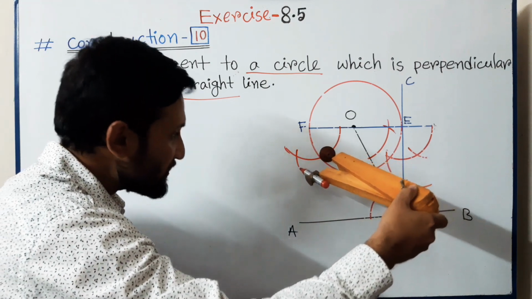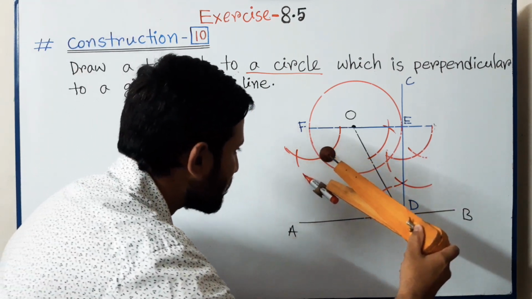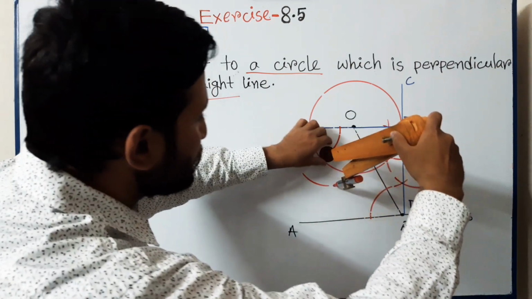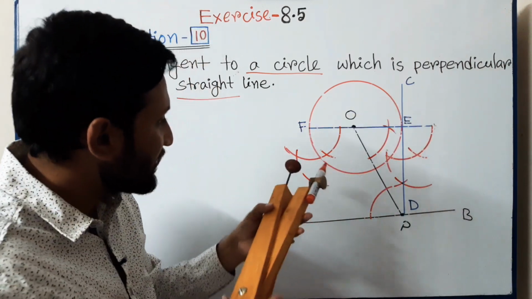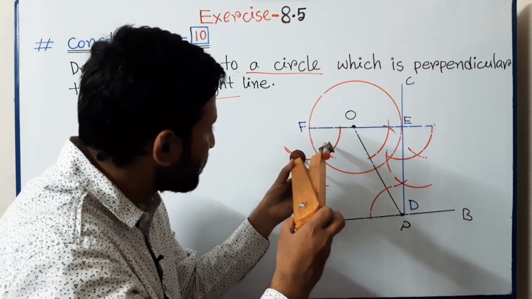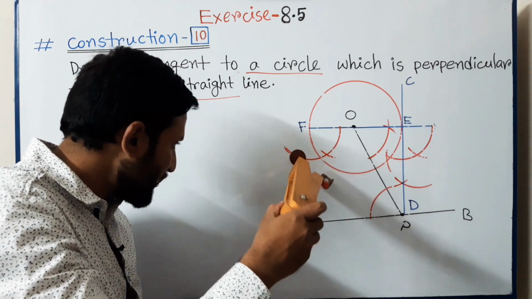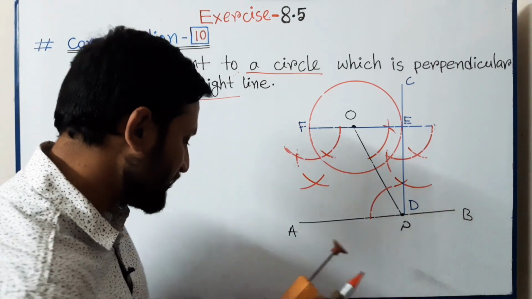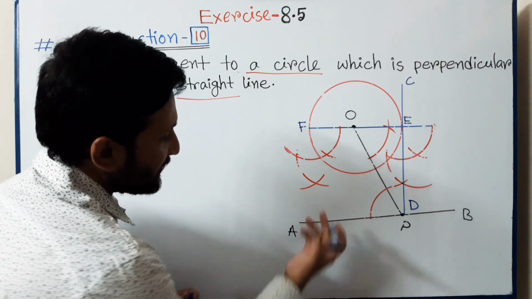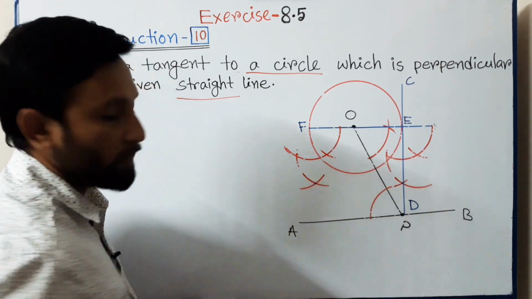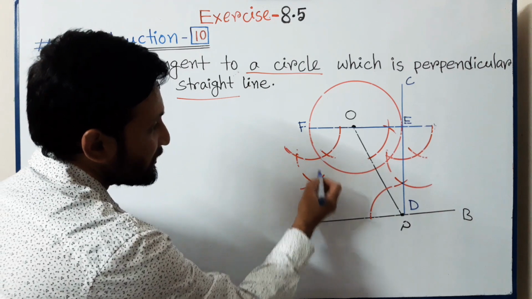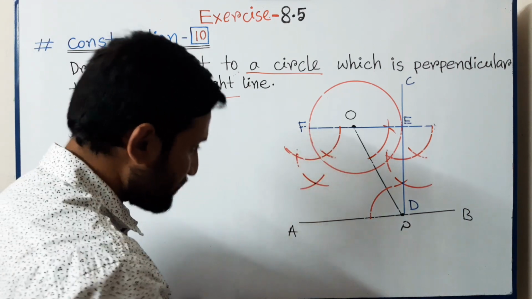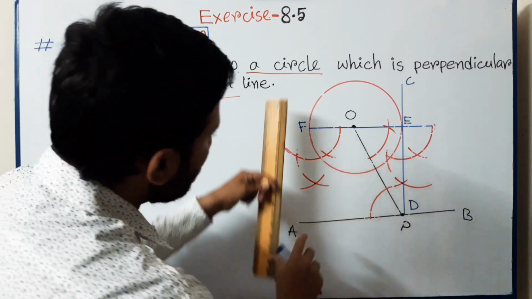Now with the same radius draw another arc on the lower part, and again set the compass here and draw an arc on the lower part. Now here you see that these two arcs intersect at this point. Now join this intersecting point and the point F by using a scale.